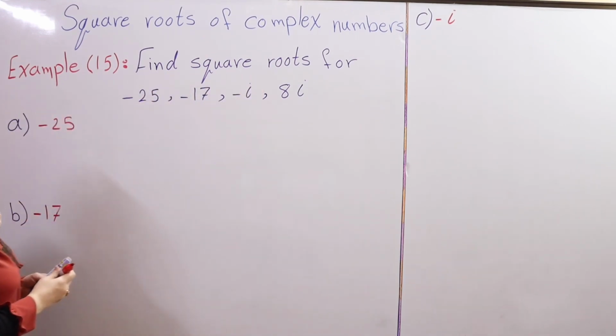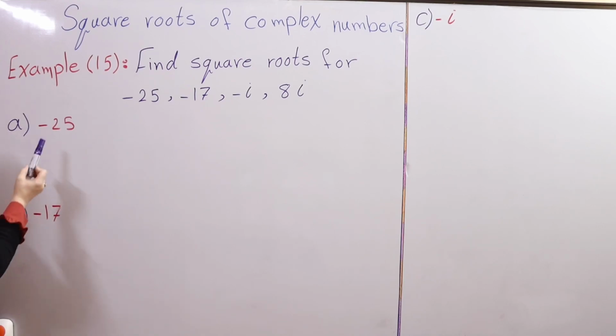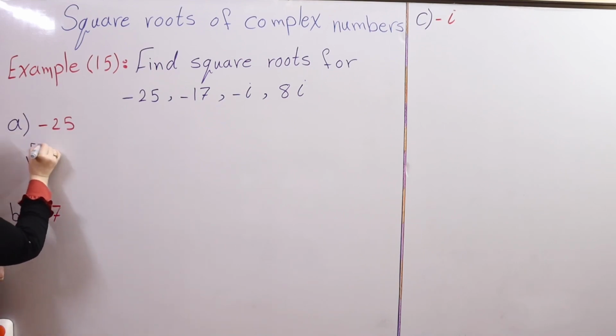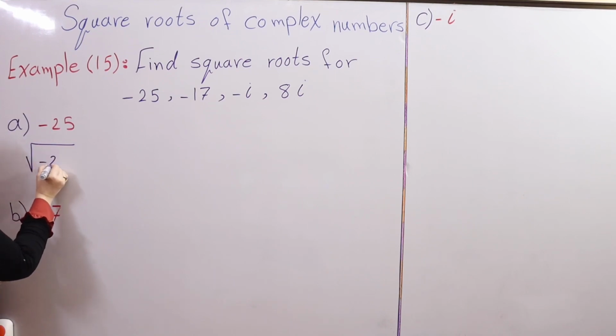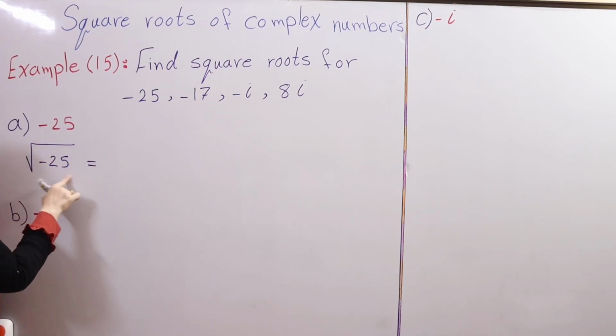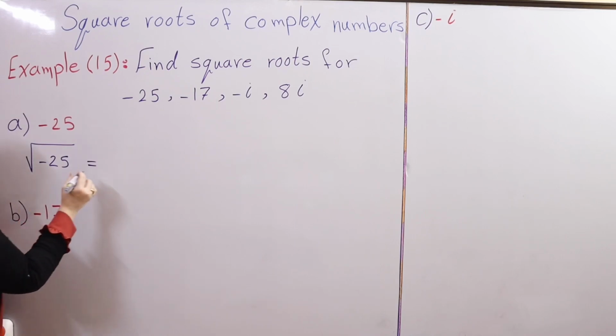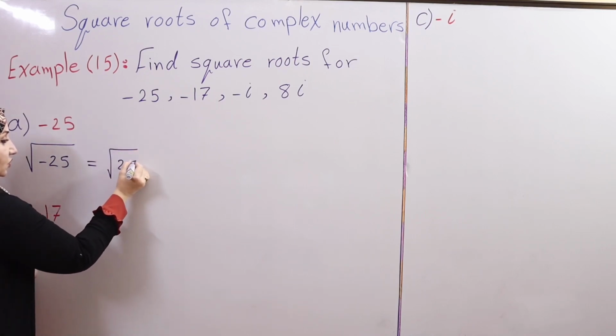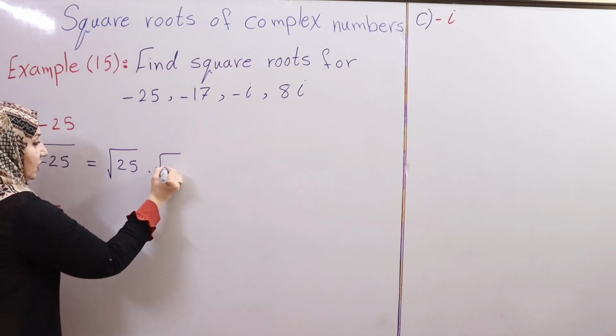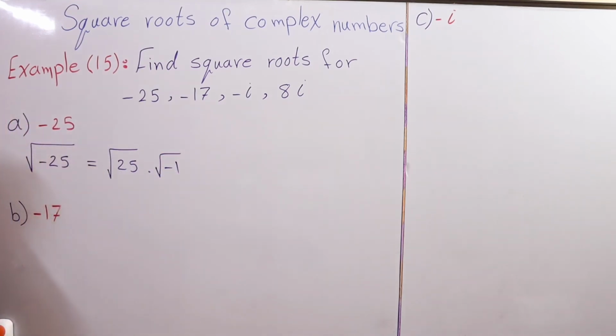First, we have the number negative 25, and we want to find its square root. I can write this as square root of 25 multiplied by square root of negative 1.